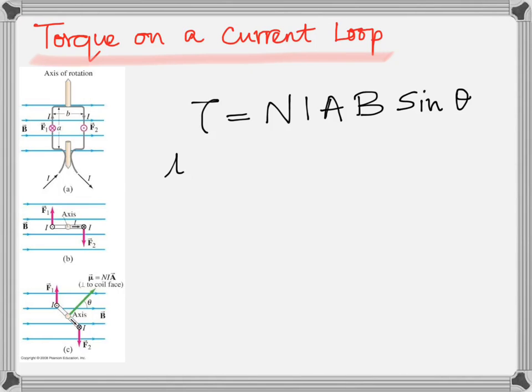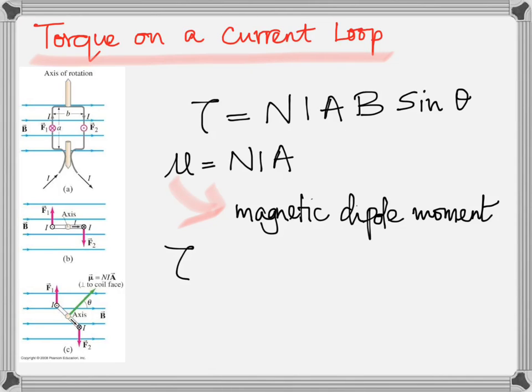And a current carrying loop set up in a magnetic field has a torque acting on it, which is given by NIAB sine theta. Mu is equal to NIA is called the magnetic dipole moment.